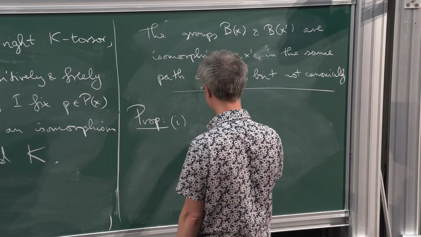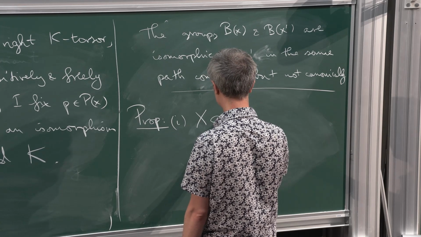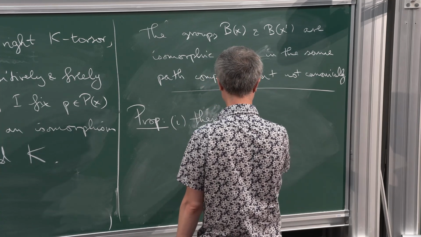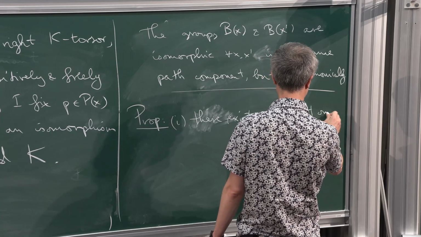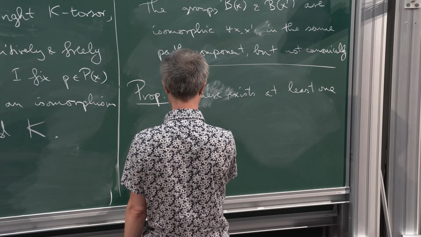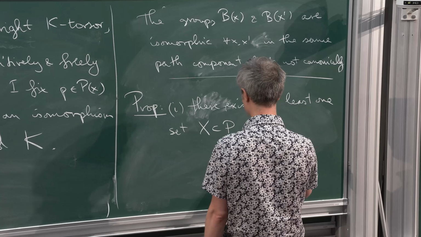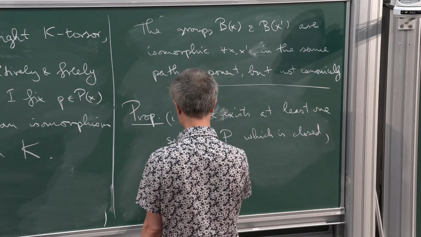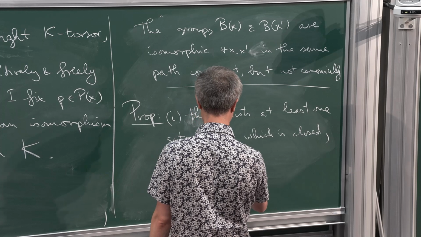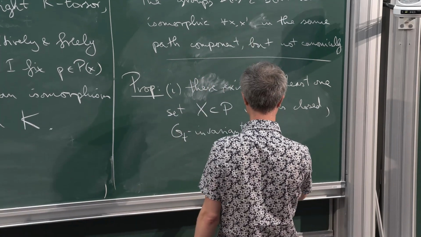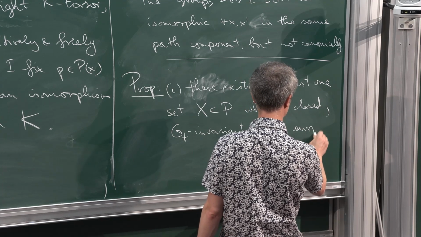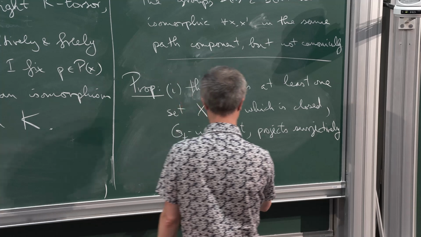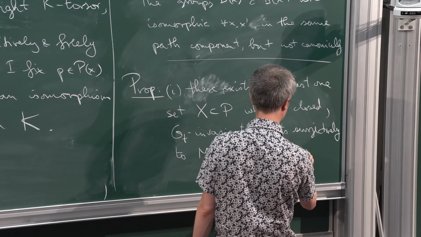I'm going to say that there exists at least one set X inside P which is closed, GT invariant, projects surjectively to M, and is minimal with this property.